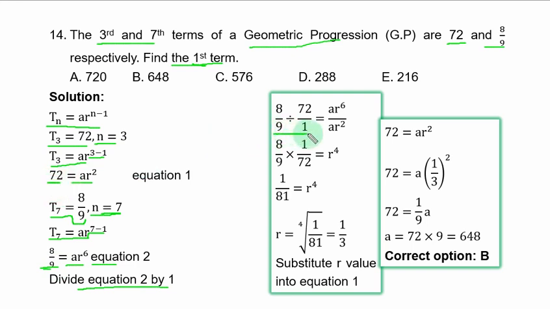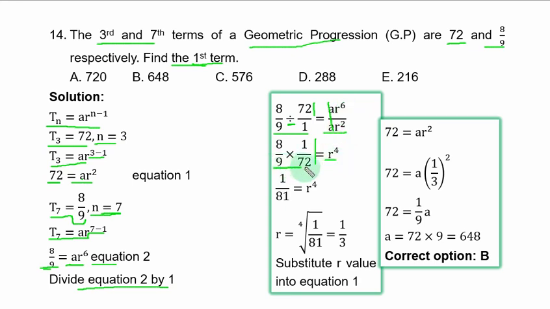You have it in this form. Right hand side of equation 2 divide by that of equation 1. You have it in this form. If you change this sign to multiplication, you invert this fraction to this. From here, a cancels a. If you divide r power 6 by r power 2, you have r power 4.